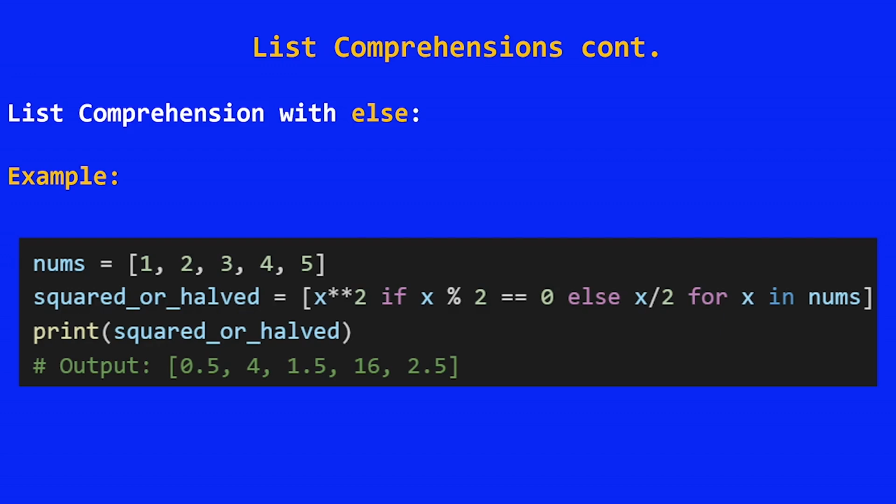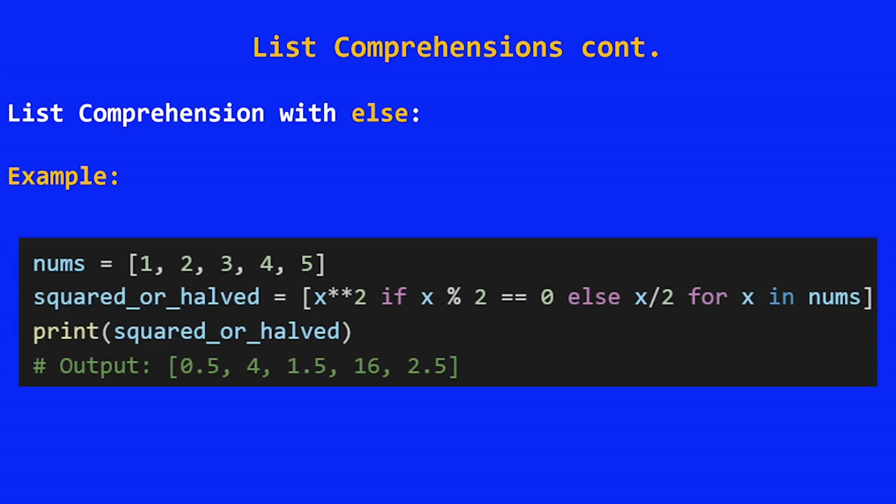We need to square if the number is an even number: x star star 2 if x percentage 2 is equal to 0, else x divided by 2, or x slash 2, for x in nums. It means that if the number is not even, then we'll divide it by 2.